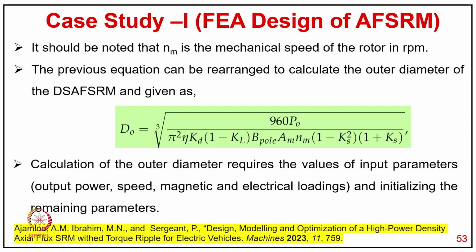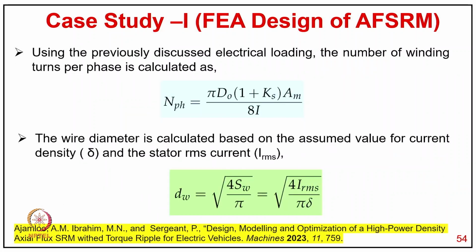The previous equation can be rearranged to calculate the outer diameter of the double-sided axial flux reluctance motor, given as dO equal to the cube root of 960·PO divided by π squared·η·Kd·(1 minus KL)·B_pole·AM·Nm·(1 minus Kc squared)·(1 plus Kc).